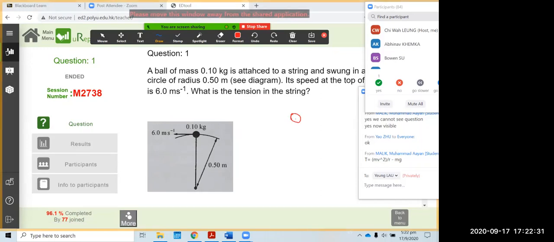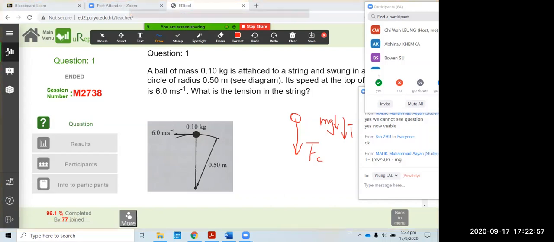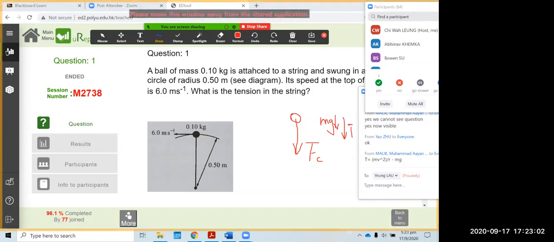So there would be centripetal force. This centripetal force has to be provided by the weight as well as the tension in the string. So you just set the two together. Yeah, I think a classmate has provided you with the equation.